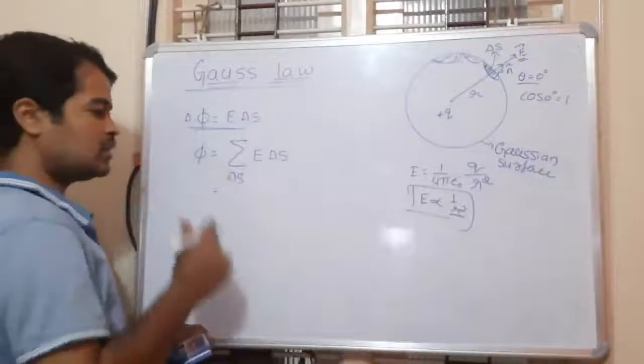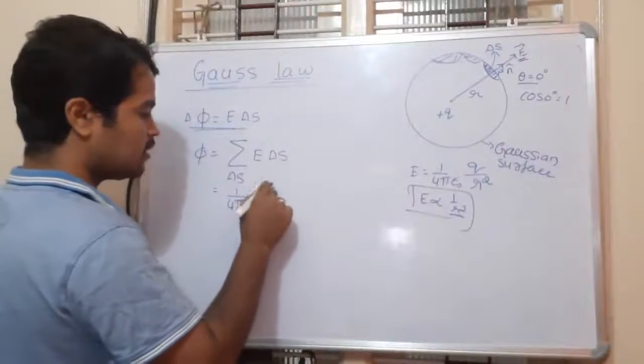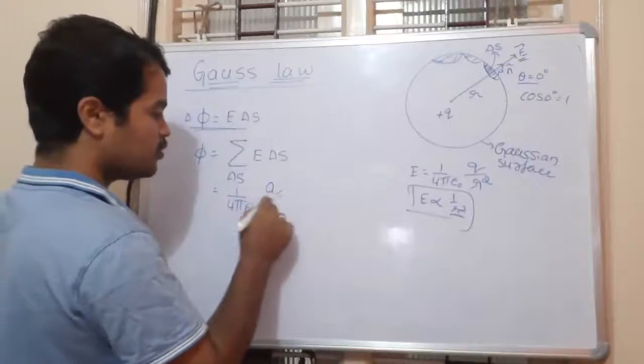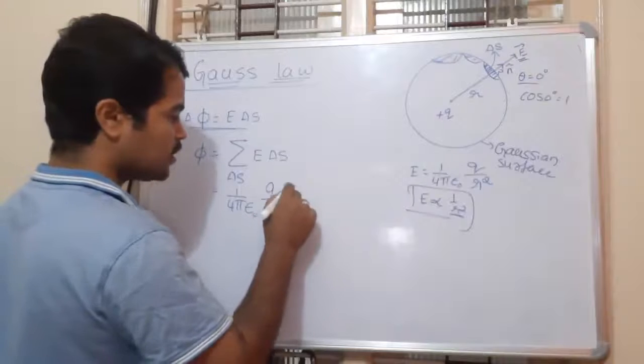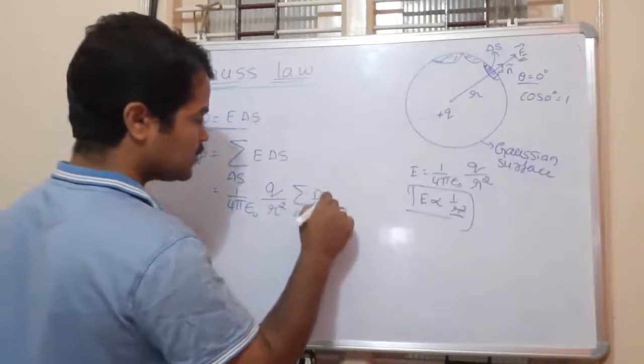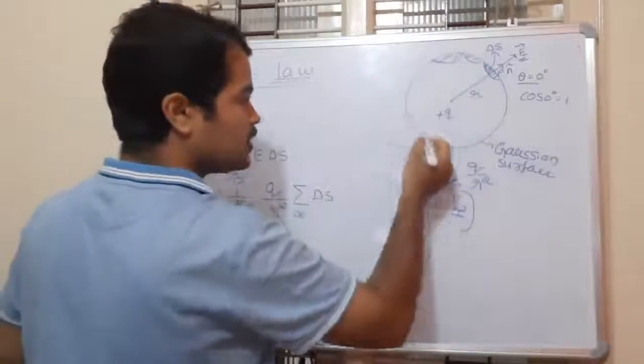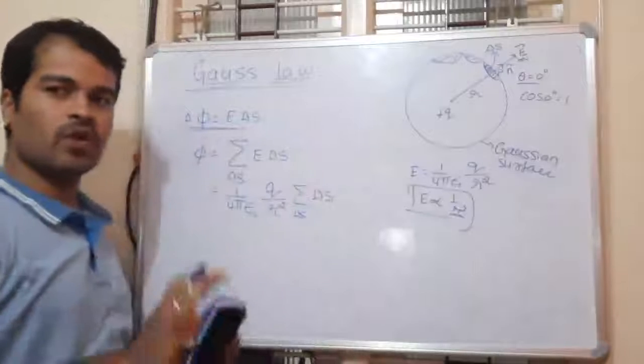We take it outside, so it will become 1 by 4 pi epsilon naught into charge Q divided by distance r square into the summation of all delta S. So the sum of all delta S is nothing but the total surface area of the sphere that we have taken.